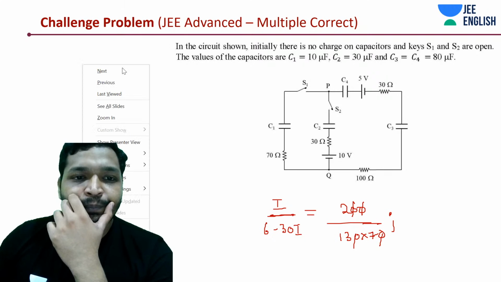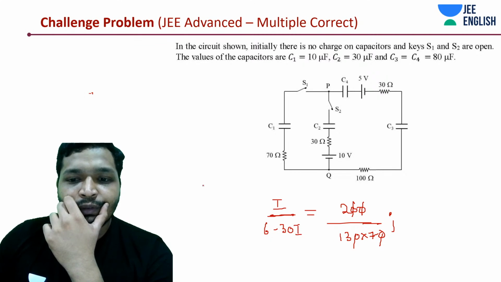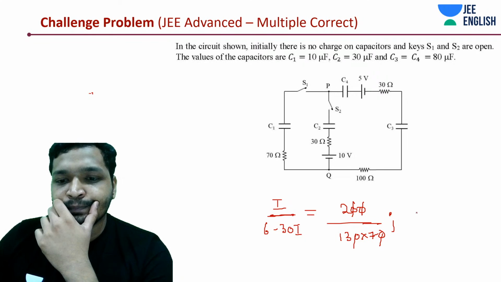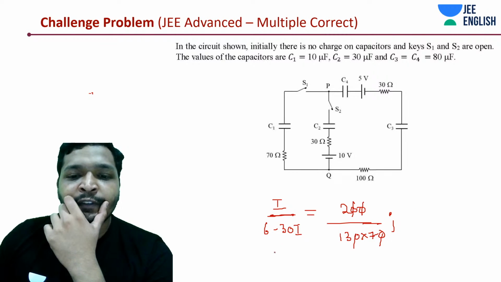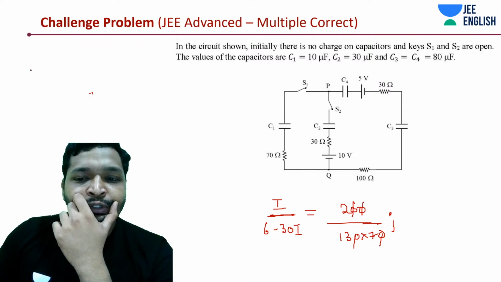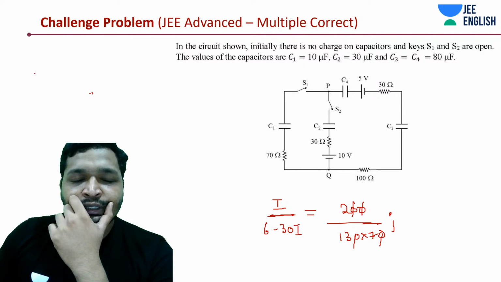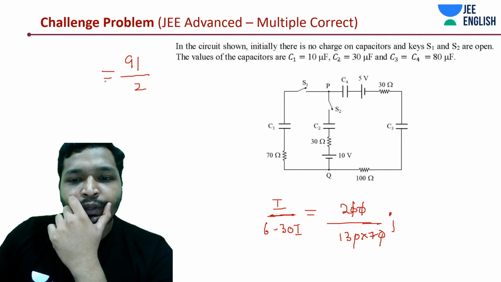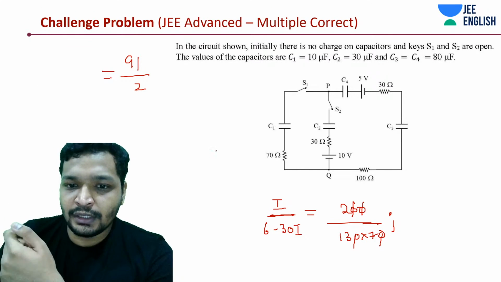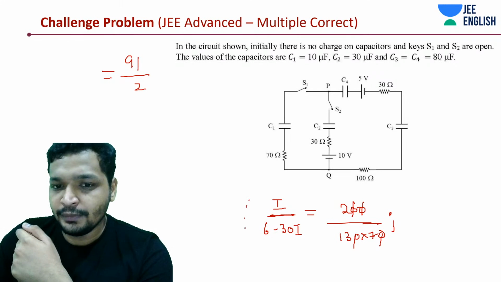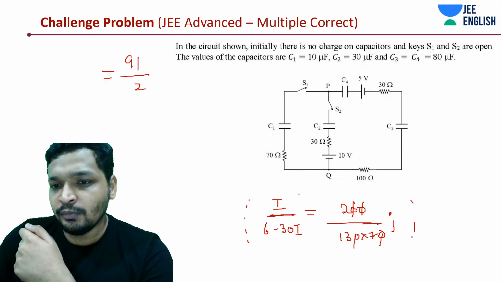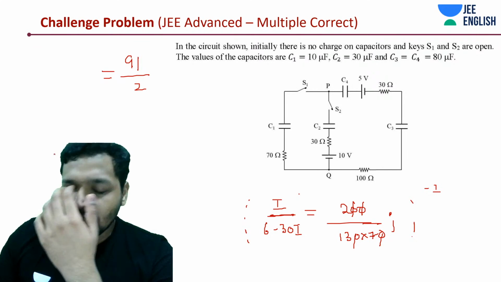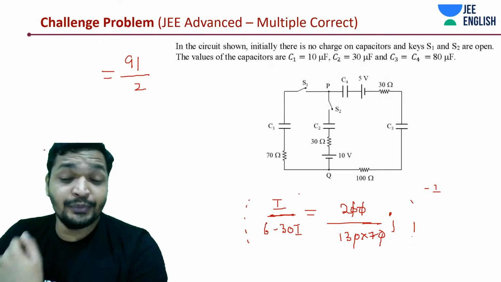So this could not be simplified anymore. All right, so this should be 13 into 7, 91, 91 by 2. Just took an inverse on both sides. 7 times 13 is 91 by 2.